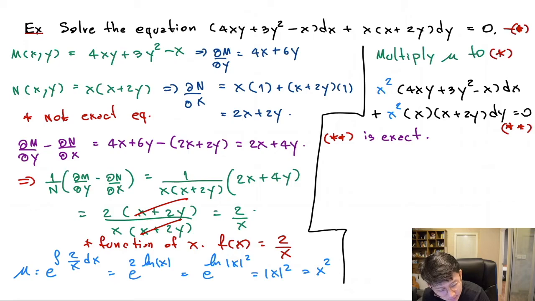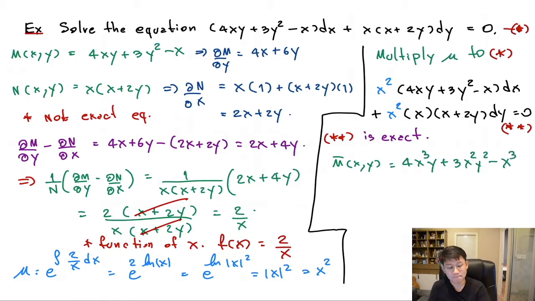We have M bar (x,y) is 4x cubed y plus 3x squared y squared minus x cubed, and N bar (x,y) is x to the power of 4 plus 2x cubed y.